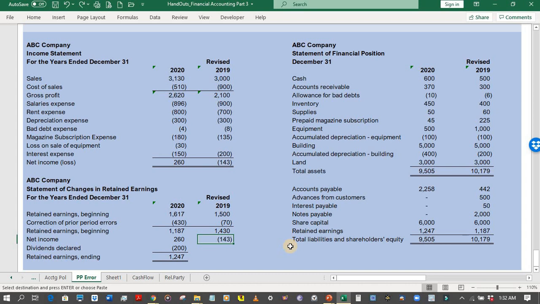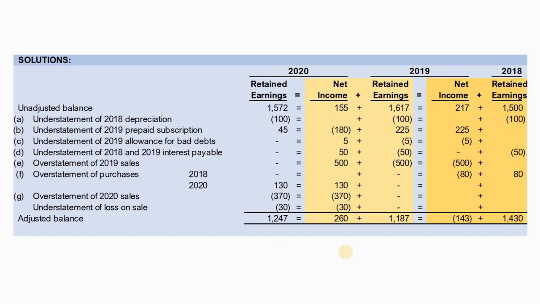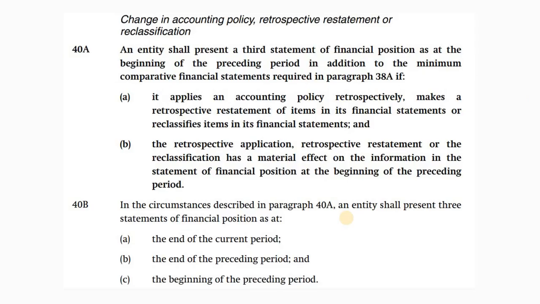And let us deduct the dividends declared, which is 100 pesos, and the retained earnings ending adjusted for 2019 is 1,187 pesos. So this is the adjusted retained earnings at the end of 2019. So we're done with the preparation of the comparative financial statements.